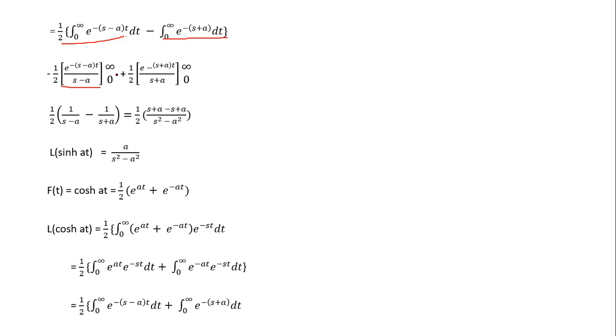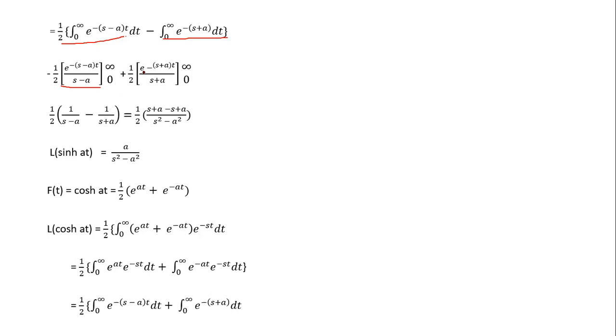So when we do the evaluation here, this will give us minus 1 over s minus a, and when we multiply that by the minus here, this negative sign goes away.